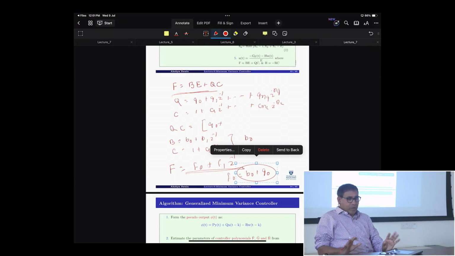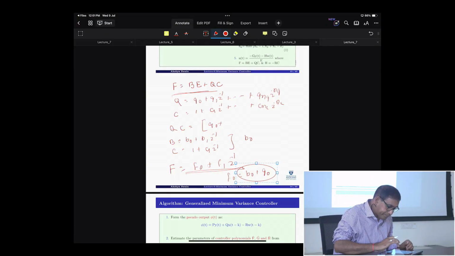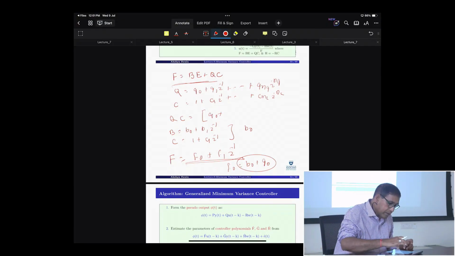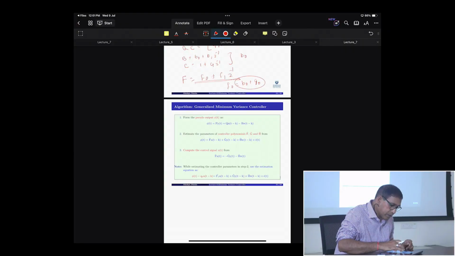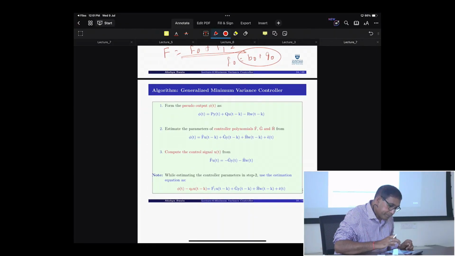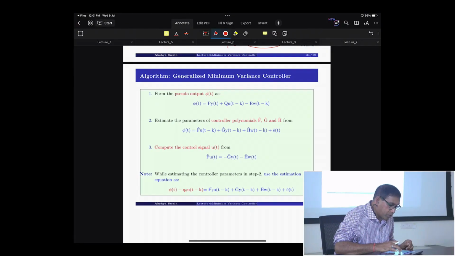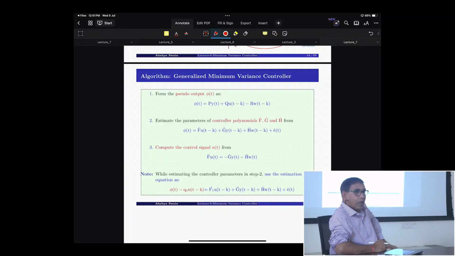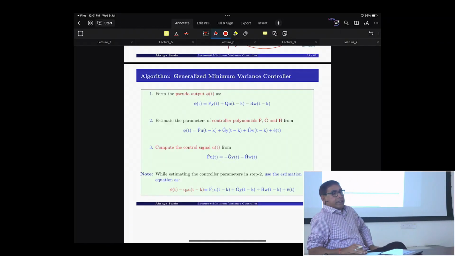Now I am not entering those things here; you will do it today. In an adaptive controller, just like in the state feedback controller, u is equal to minus Kx.